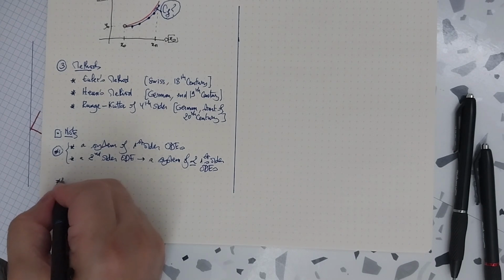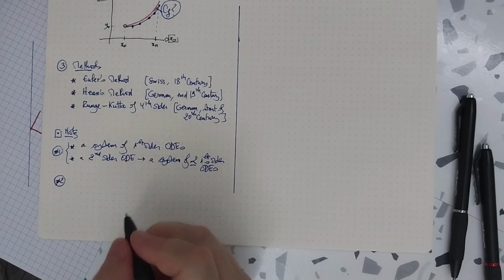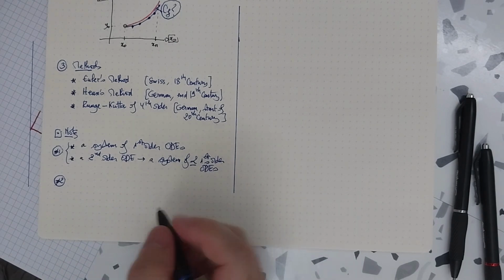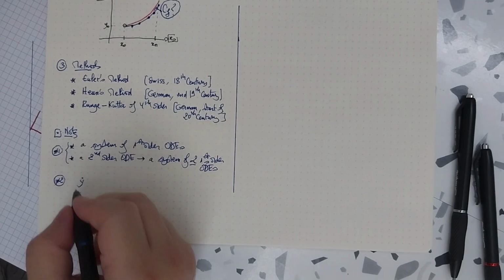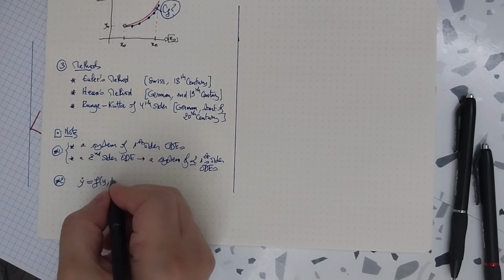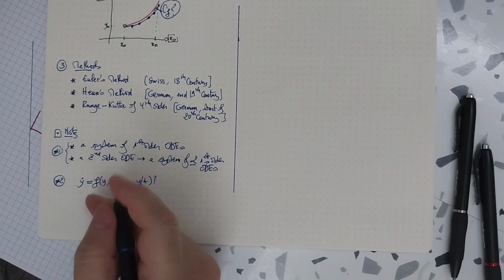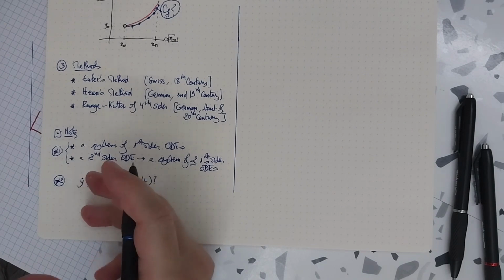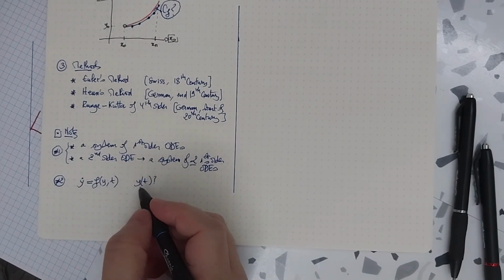Number two, in many problems, the independent variable is t, not x. So the ODE could be given like this. y dot, the derivative of y, is a function of y and t. Find y(t). t is the independent variable, time. In physical problems, it has the meaning of time.